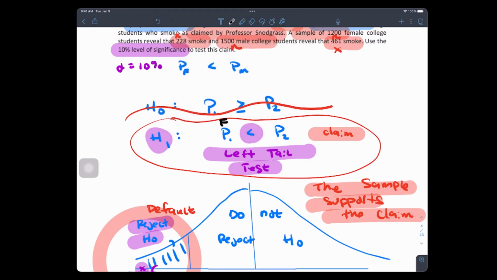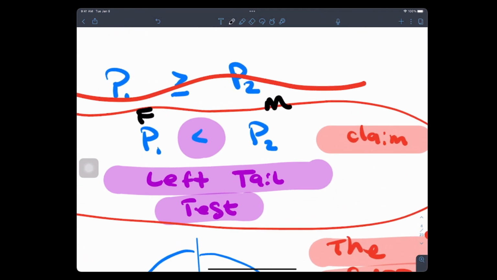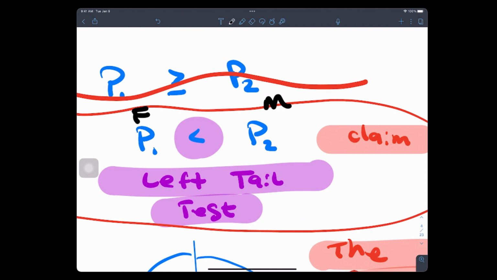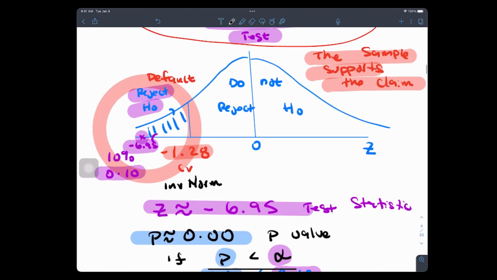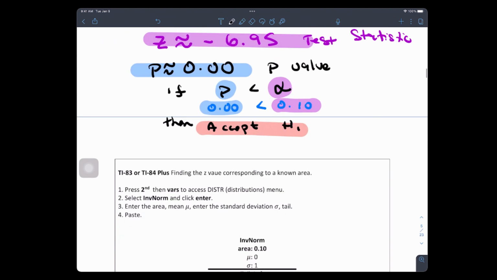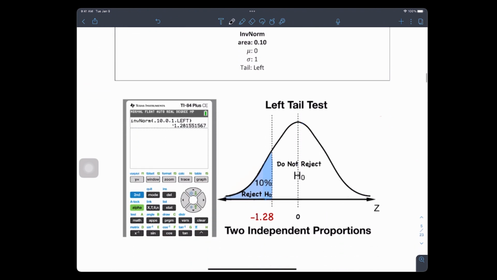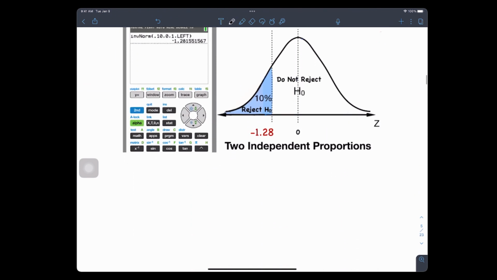So what the sample is suggesting, the proportion of females who smoke is smaller than the proportion of males who smoke. Now, I have no idea. I don't know anything about smoking. Don't know if it's true. What do you guys think about that? Pretty good? And your notes are there too.